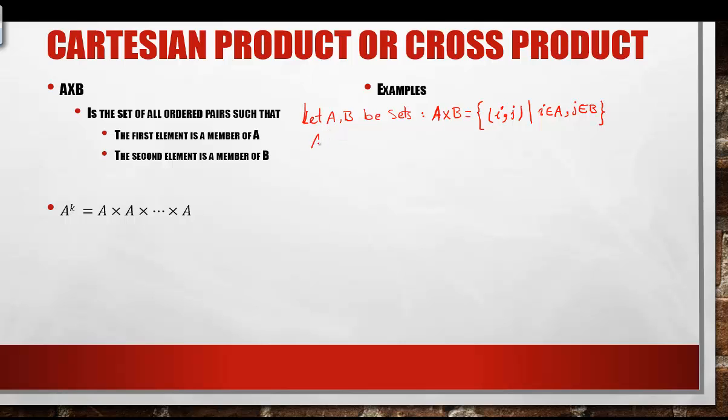If A, B, and C are sets, then the cross product of A and B and C will be a set of three-tuples I, comma, J, comma, K, such that I is a member of A, J is a member of B, and K is a member of C. Again, remember, these are set memberships, and I, J, and K are elements.